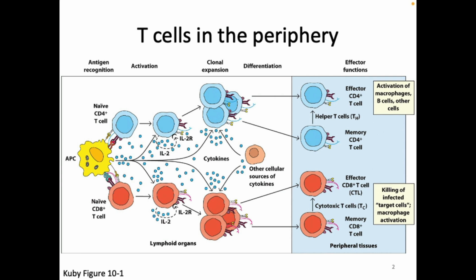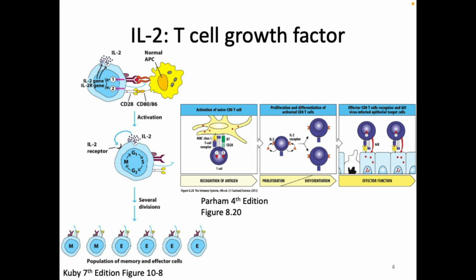When IL-2 was first described, it actually didn't have the name IL-2. It was called TCGF, which stood for T cell growth factor, which should help you understand what IL-2 does.